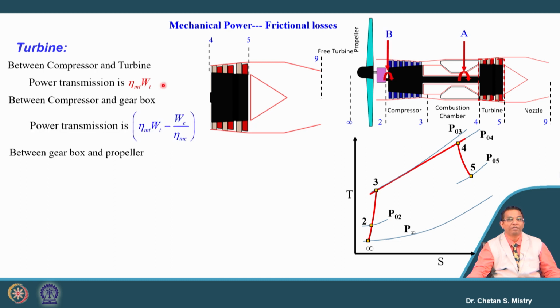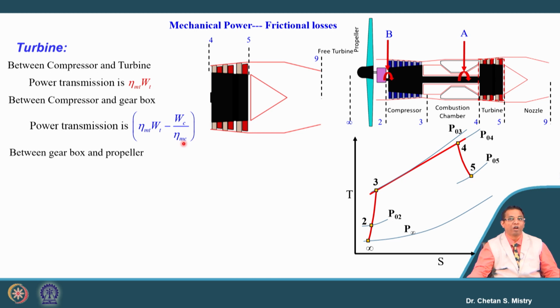Suppose I consider my next station, between my compressor and the gearbox; then my power transmission will be the power we get from the turbine minus the power consumed in the compressor. We represent this in terms of compressor work divided by mechanical efficiency. Many times we consider only mechanical efficiency as a term. We have done this kind of calculation earlier also, where we consider mechanical efficiency between the compressor and the turbine.